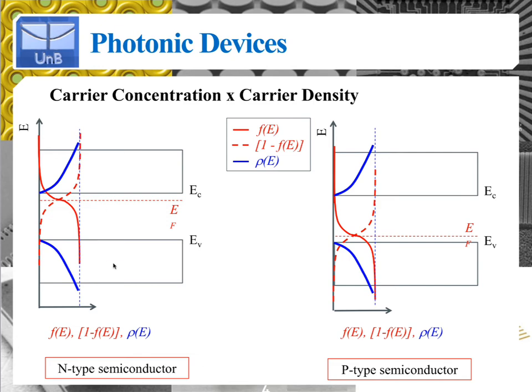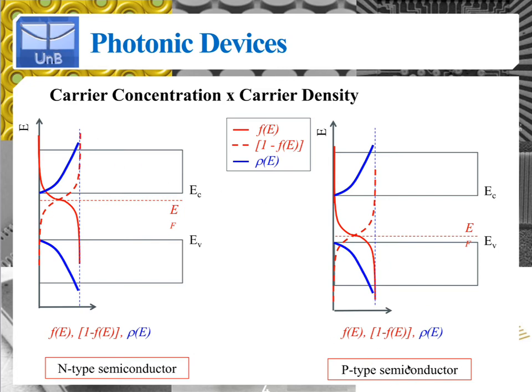As we saw, in an N-type semiconductor, the Fermi level is closer to the conduction band than to the valence band, and the Fermi function is displaced toward this direction. So it's displaced up in the band diagram.